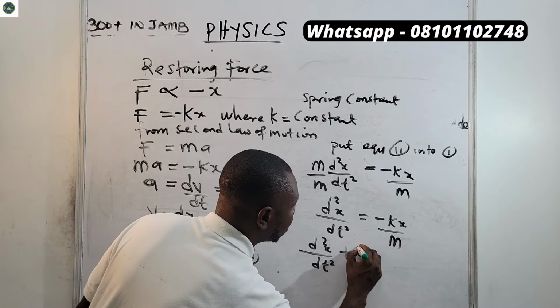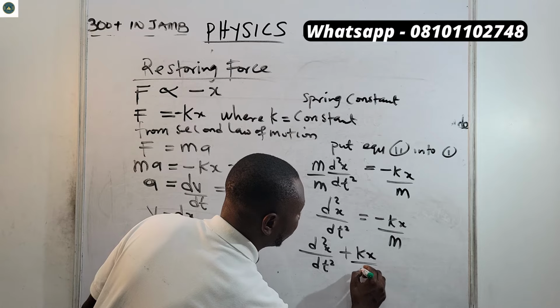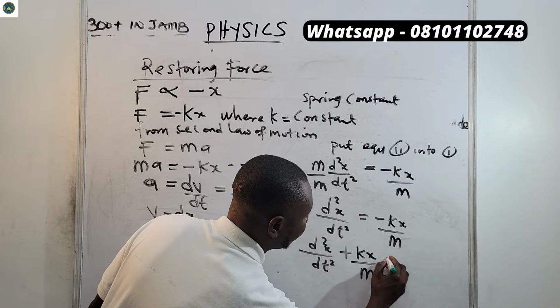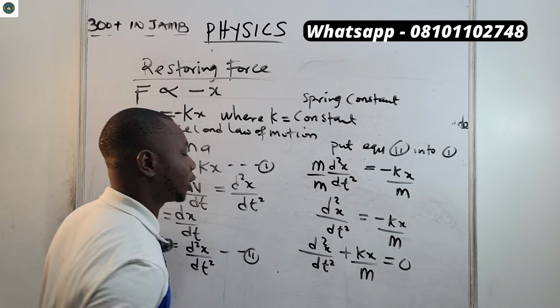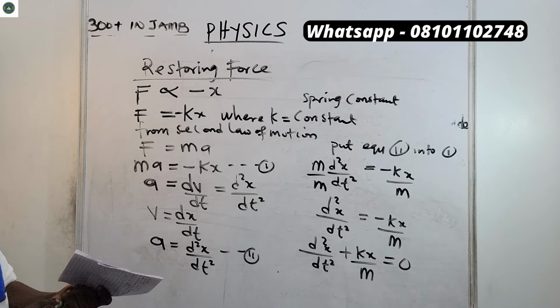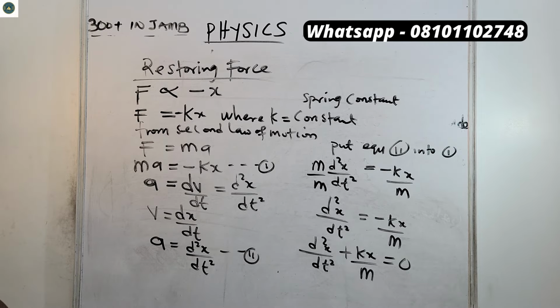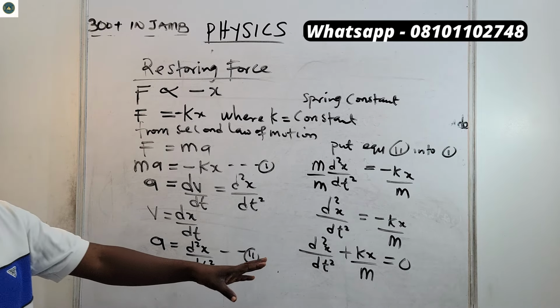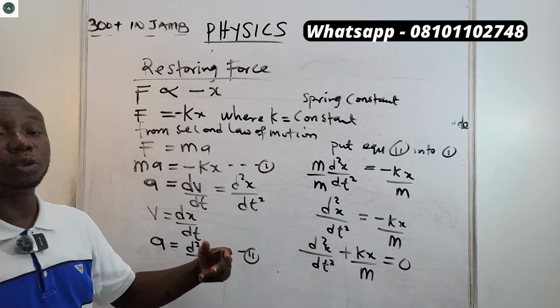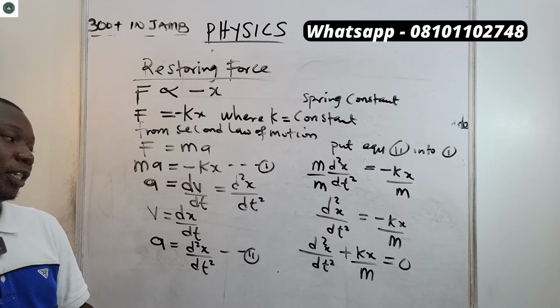So we have d squared x over dt squared plus kx over M equals to 0. This is a second order equation, showing that the acceleration is directly proportional to the displacement.